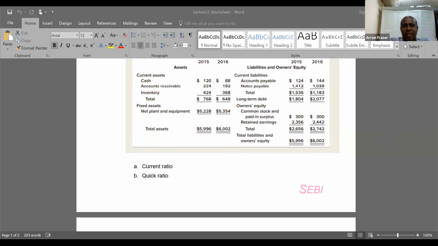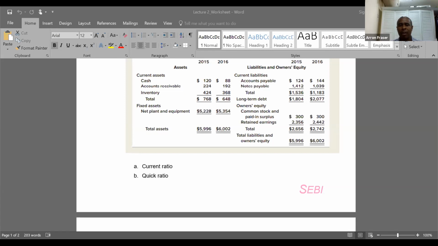So in both questions, we have current assets being less than current liabilities. In both ratios, we're saying that in the first one, the current ratio, our current assets are only 0.55 times.